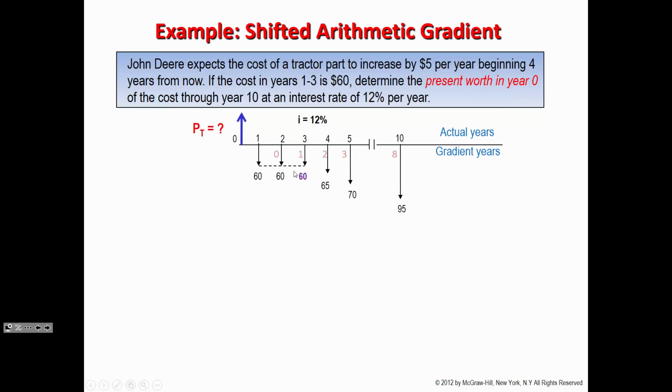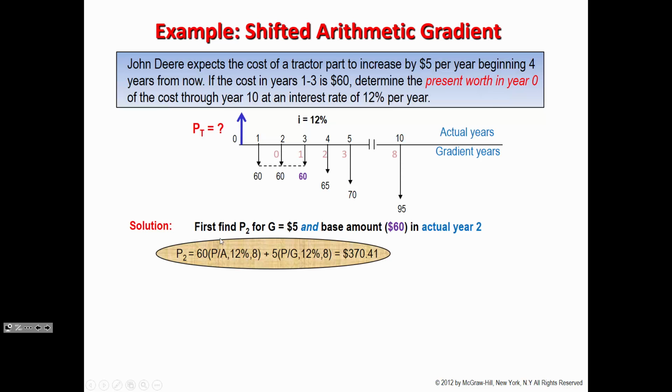Okay, so we have to find the present value in year 2 for the gradient amount, and so we do that by, well, there's always more than one way to solve a problem, and here what they're saying is, instead of taking the present value all to year 0, take the 60, 8 units of that to year 2, and then also combine it with the gradient amount of 5.